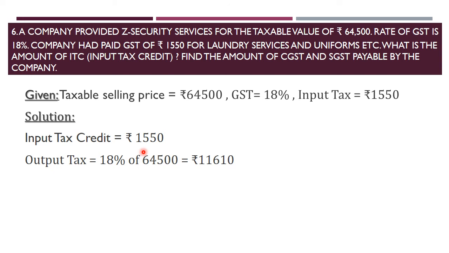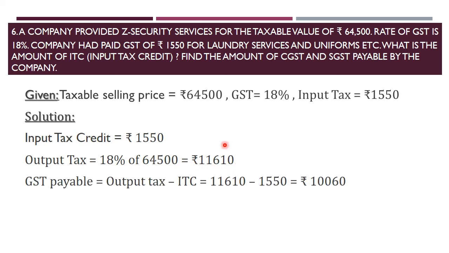So the tax collected by the company will be 18% of this selling price, and that will be 11,610 rupees. So this much comes as output tax. Now GST payable will be the difference between the output tax and the input tax credit. That is the formula. That will be 11,610 minus 1,550, and the difference is 10,060 rupees. So this is GST payable.